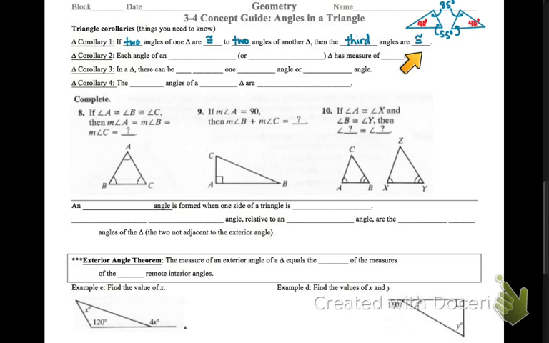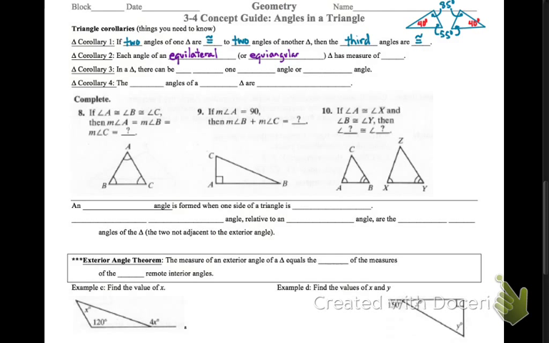In this triangle up here, if these 2 angles are both equal to 85 in these 2 different triangles, these 2 angles here are both equal to 55 in these 2 triangles, then these other 2 angles have to be congruent as well. That's the first corollary.